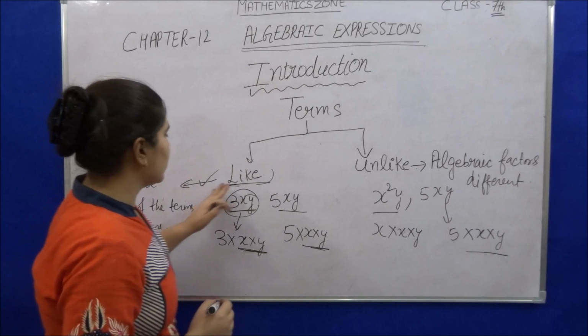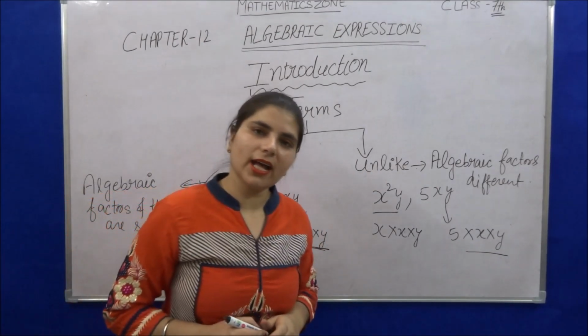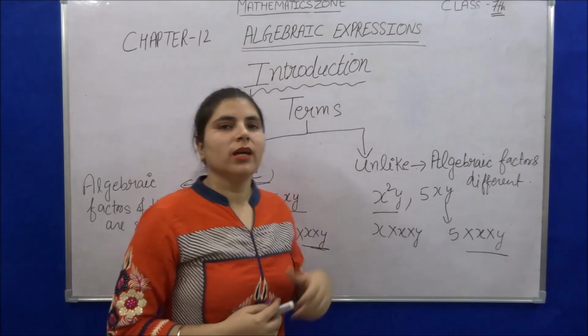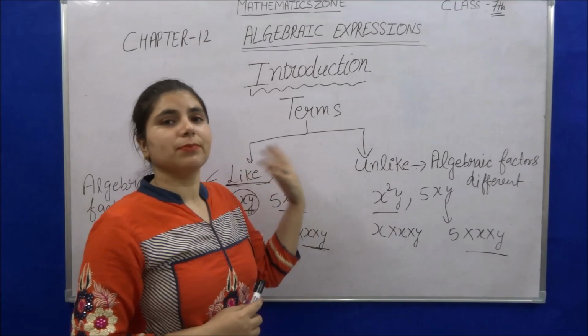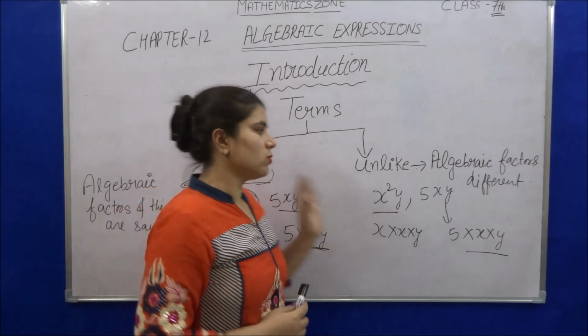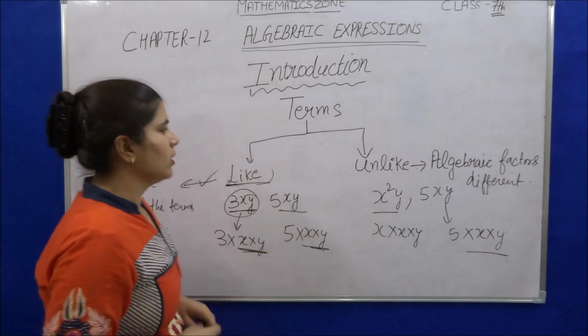Now that we have explained like and unlike terms, these are used in the addition of any two expressions and the subtraction of any two expressions. So these two types of terms are used in that case.